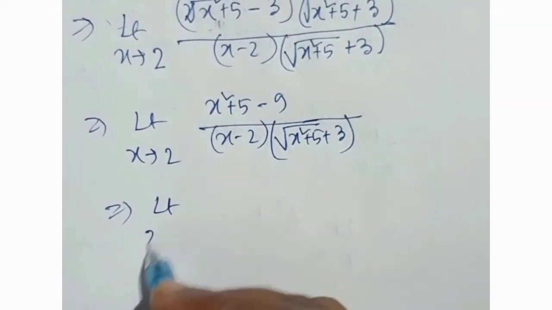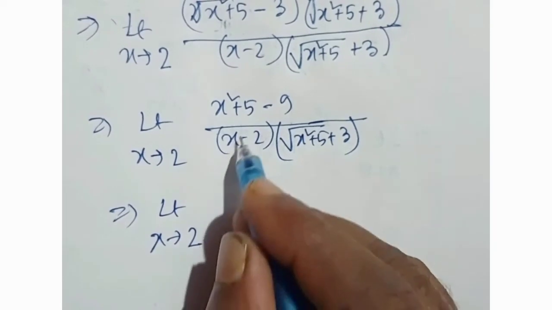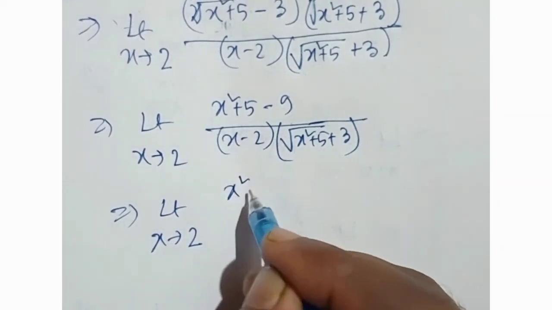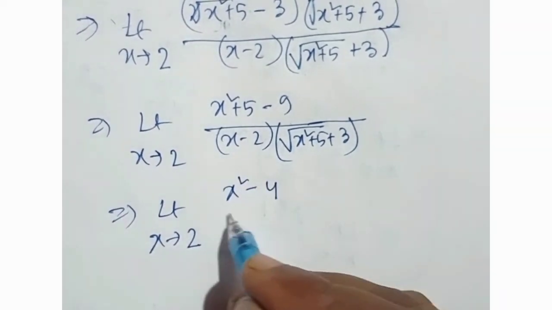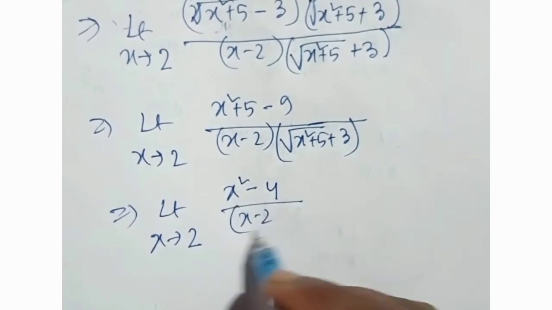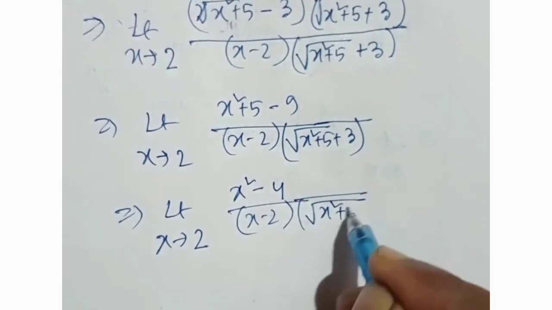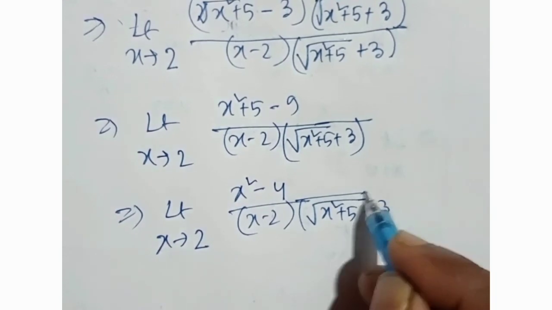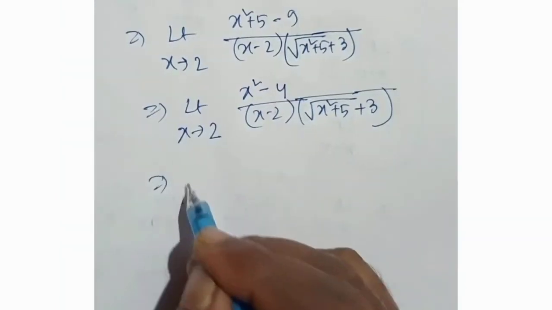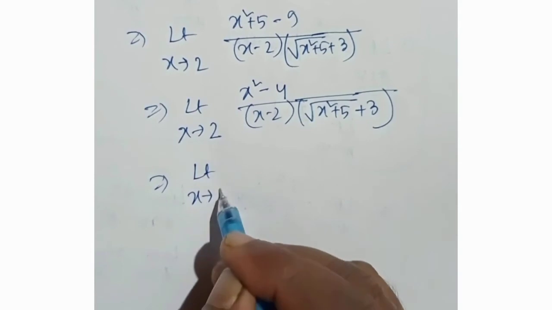So limit x tends to 2. Here we will get (x square minus 4) by (x minus 2) into (root x square plus 5 plus 3), right guys? So limit x tends to 2.